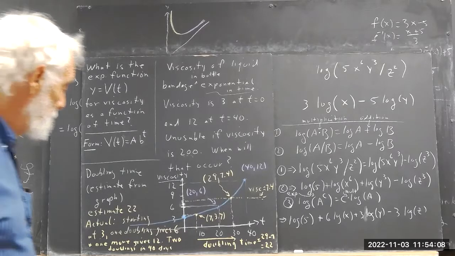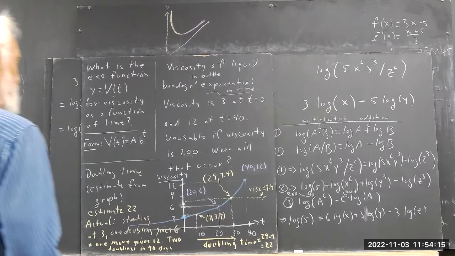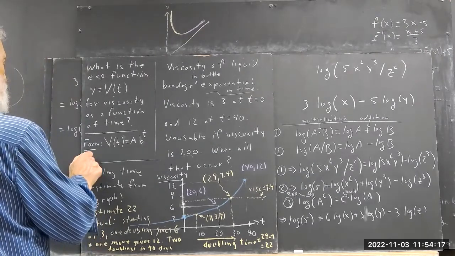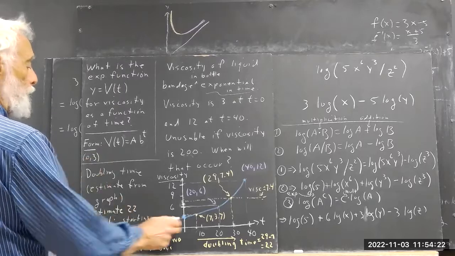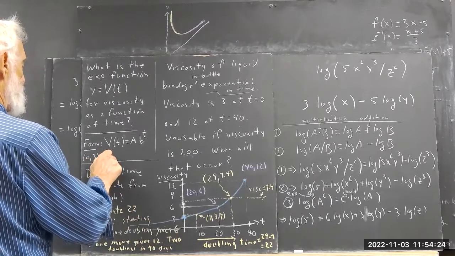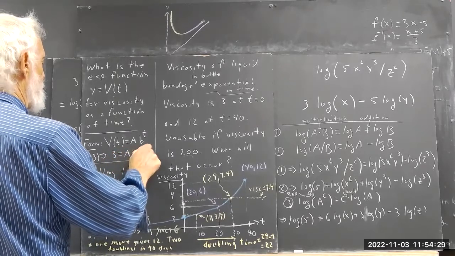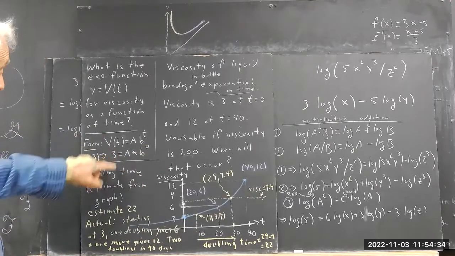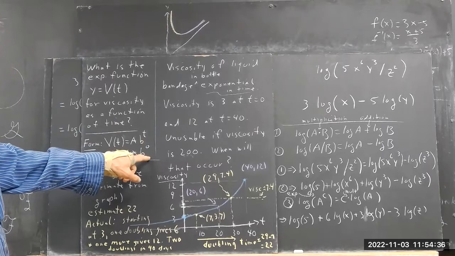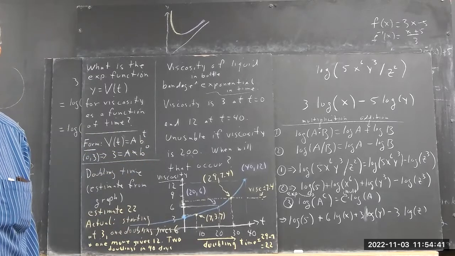So for example, the point 0, 3 on the graph tells us that the viscosity is 3 when the time is 0. So there's an equation.